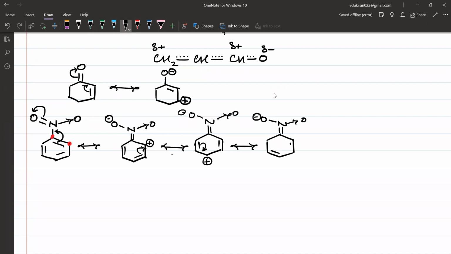This is going to be double bond here, positive charge here. Now, this will move here. Simultaneously, this is also going to move here. Double, double, double, single nitrogen, oxygen, and double bond oxygen like this. This is dative bond. Check.